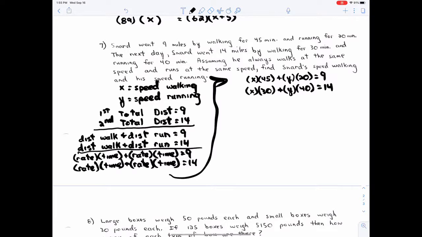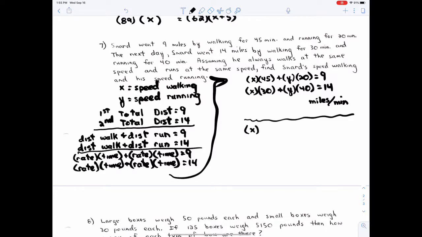Now, something you have to be careful of here, just so you understand this. This was minutes, right? Okay, and this distance is miles. This will give the answer in not miles per hour, but miles per minute, which is okay. You just have to be aware of it. What else could we have done? We could have done this in hours.